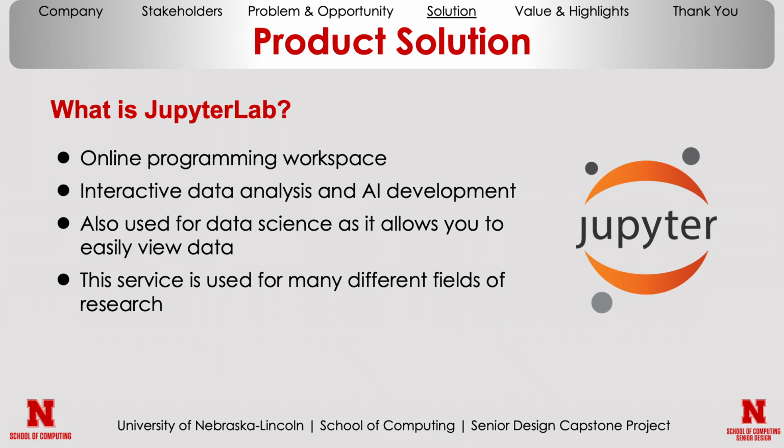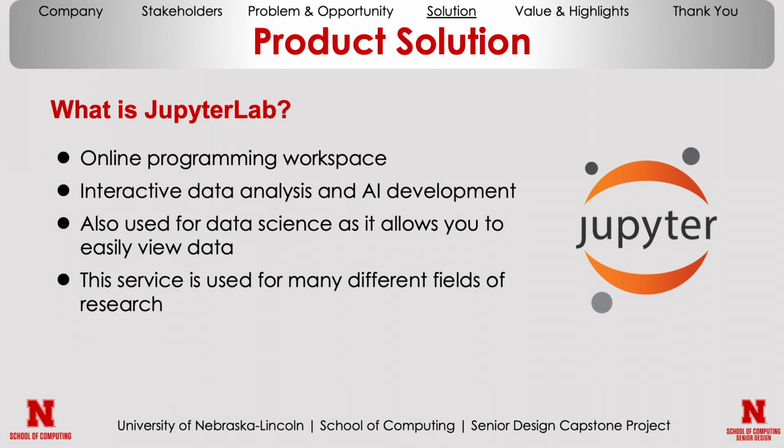And just to give the scope of the resources that we're talking about here, there were over 5 million GPU hours used by 525 research groups in 2024. And so this is what we're trying to submit our jobs to. And now I'll pass it off to AJ to talk more about Jupyter Lab and AlphaFold.